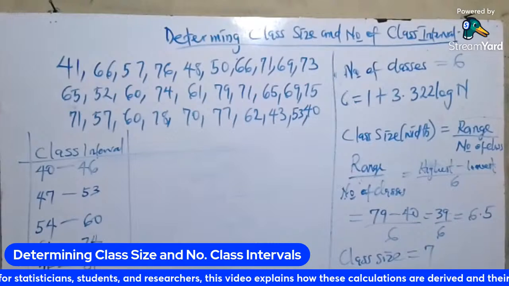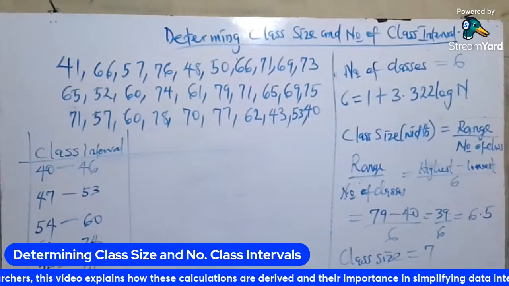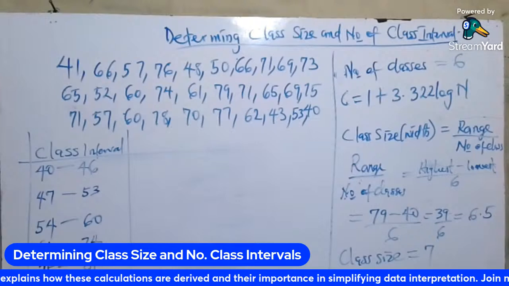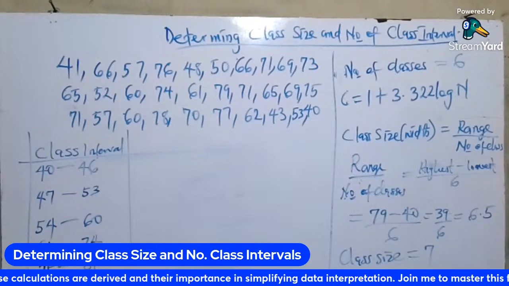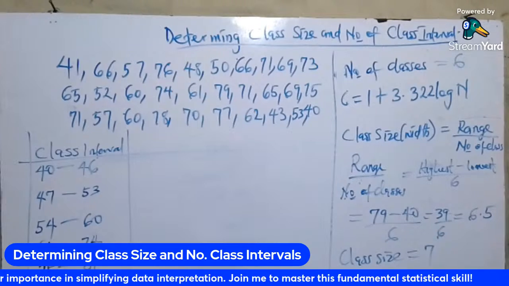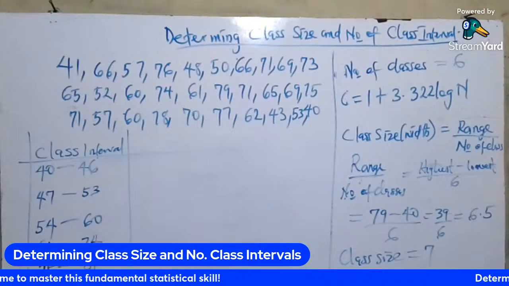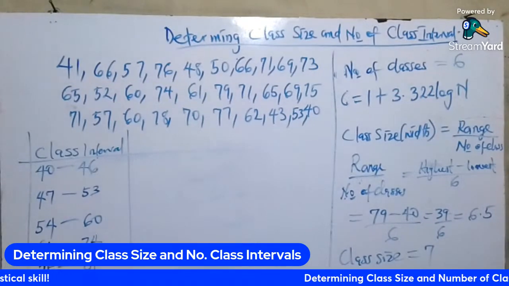So at the end of the day, our number of classes is now 6 and our class size is 7. So let's take another example.